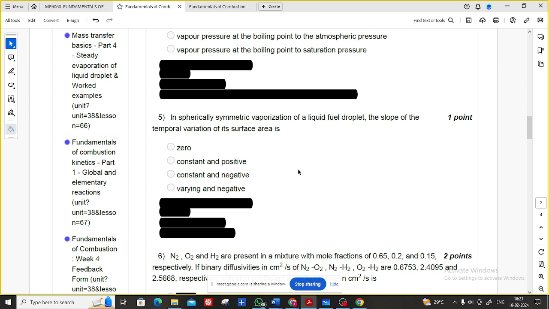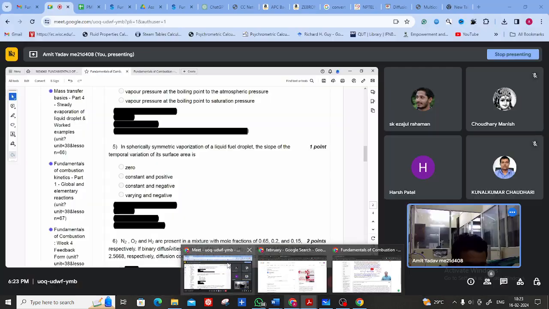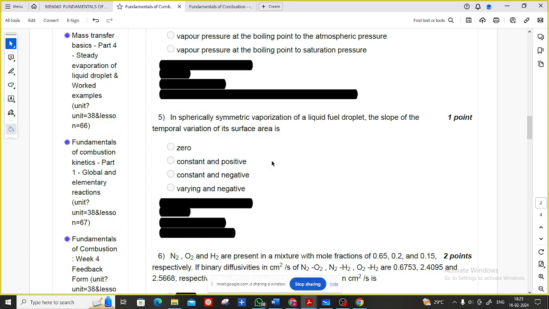It is constant. Constant and positive. One by one, please. Constant and positive. Okay, what about the others? One more student was saying something. Constant and positive.